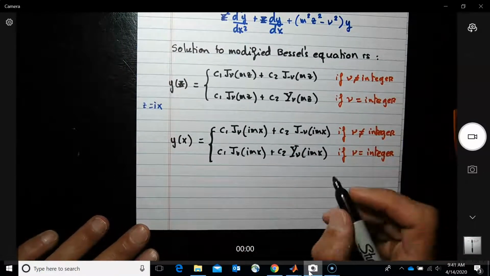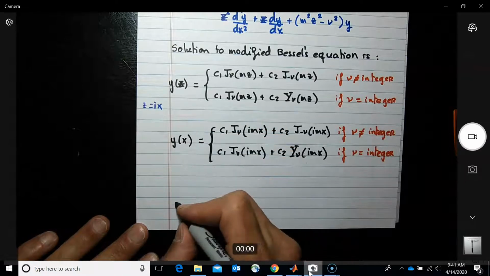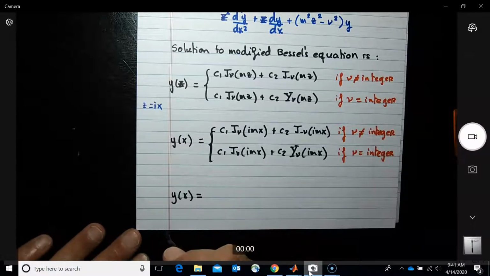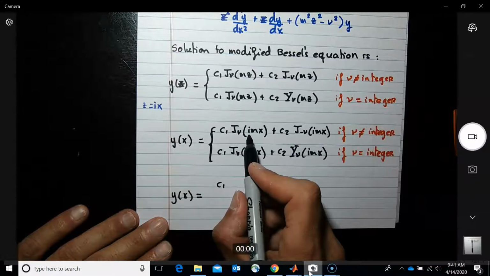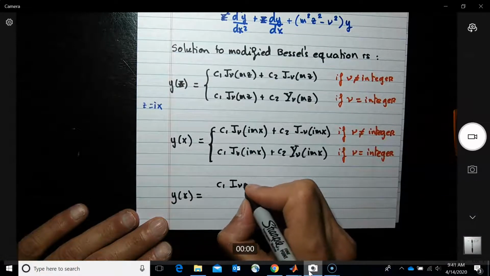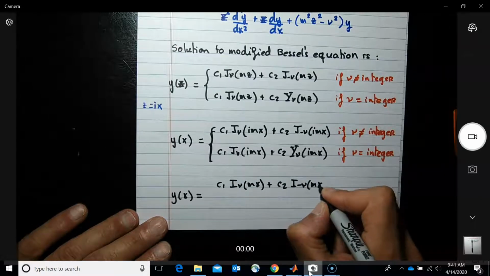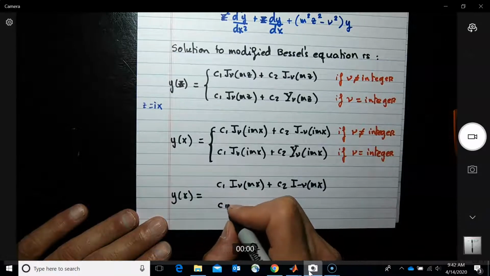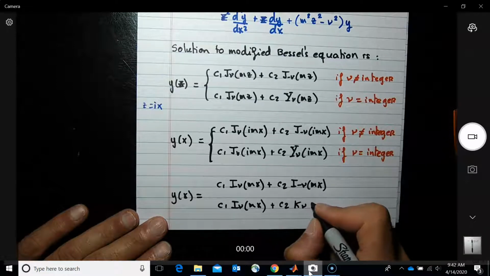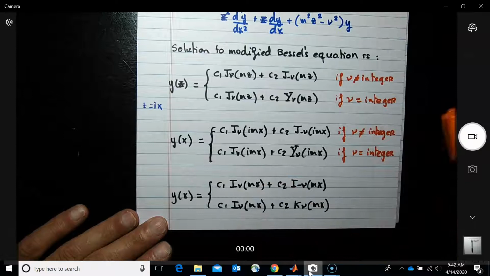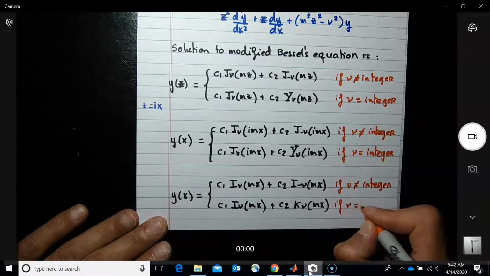All right, so what's going to happen is that y of x will be equal to c1, but instead of using J of mu of imx, we're going to have I of mu of mx, plus c2 I of minus mu of mx if mu is not an integer, and this one will be c1 I of mu of mx plus c2 K of mu of mx if mu is an integer.